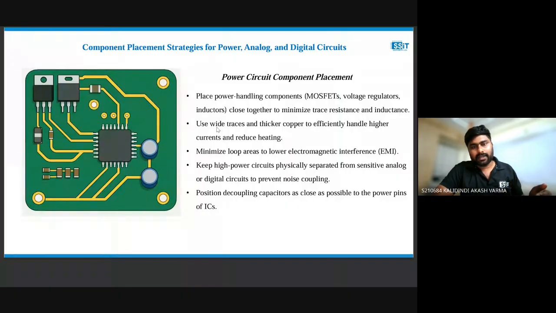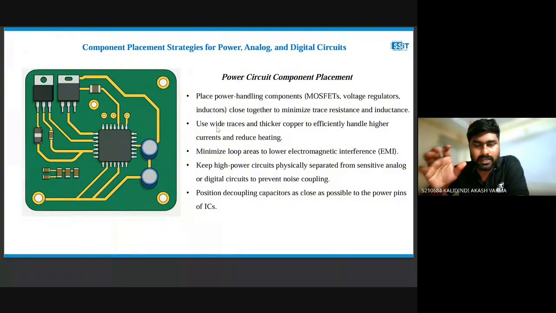When it comes to the villages, it goes into smaller tubes. When coming to the home, the radius of the tube gets even lower. In a similar way, the power related domain will produce high power. These are the systems which need to take care of all the power requirements of both the analog circuit and the digital circuit. So we should maintain high width of tracks to allow higher currents and higher voltages. That is the meaning of maintaining wider traces and thicker copper to handle higher currents and to reduce heating.